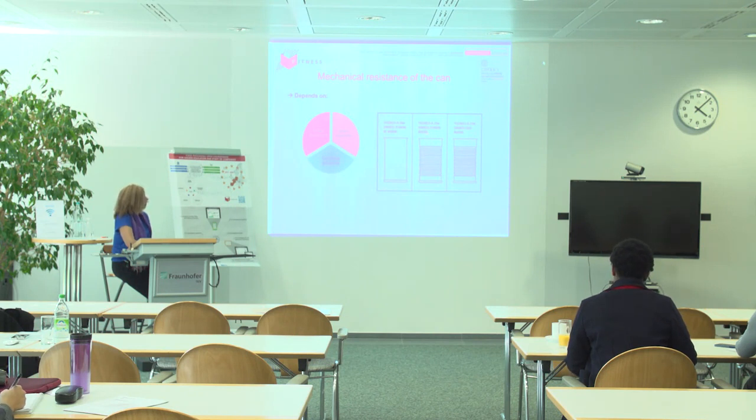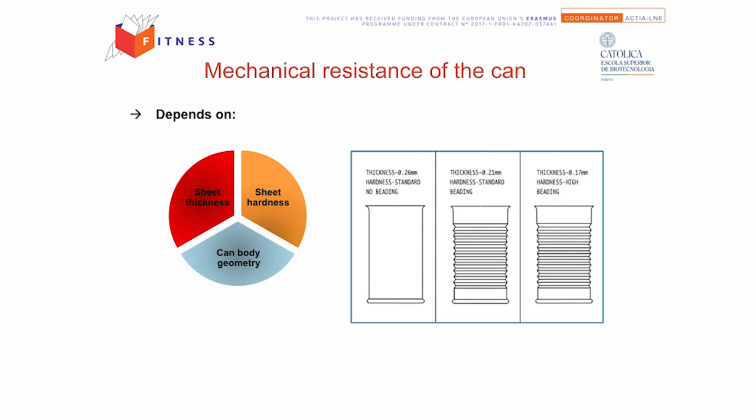Or I can reduce further from 26 or 21 to 17, keep the beading, and I have a different metal hardness, so a more hard metal. So if I weigh these 3 cans, I have a much lighter can, but still I have the same mechanical resistance.